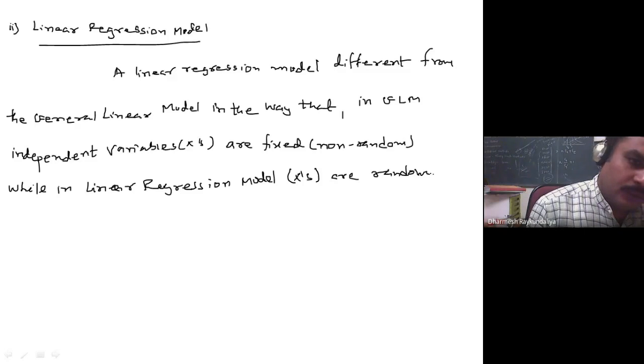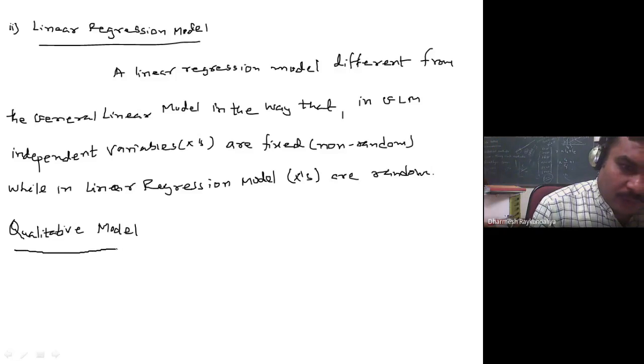So this we discussed about the quantitative models. Now we talk about the qualitative models. I said that two qualitative models we will discuss. One is design models and second one is variance component models. But this qualitative model is based on the nature of x. Y must be quantitative.